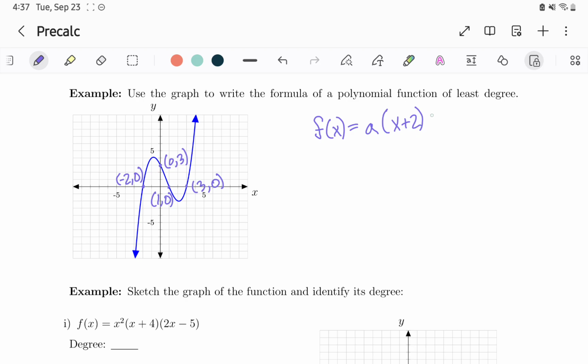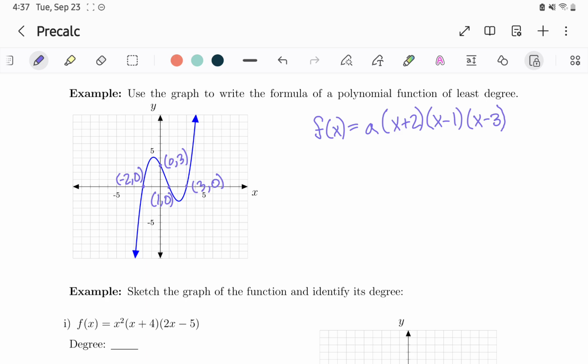And then for the 0 at x equals 1, that's going to correspond to a factor of x minus 1. And again, since the multiplicity is 1 there, we just have one factor of x minus 1. And then lastly, for our 0 at x equals 3, that's going to correspond to our polynomial having a factor of x minus 3. And again, we said the multiplicity was 1 there, so we're just going to have one of those factors.